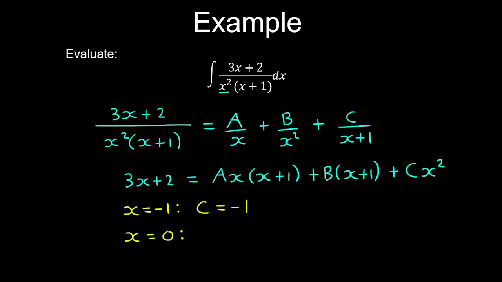So what we get is b is equal to 2. And you can obtain a by equating coefficients of x squared. So we have ax squared plus cx squared is equal to 0. So therefore a is equal to minus c, or 1. And now the integral becomes much easier to evaluate in this form.